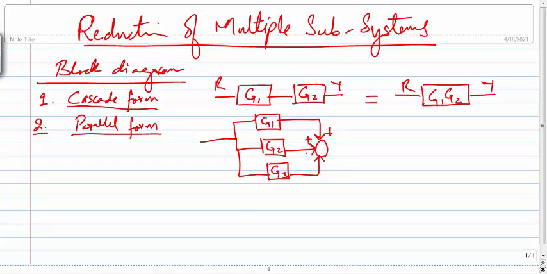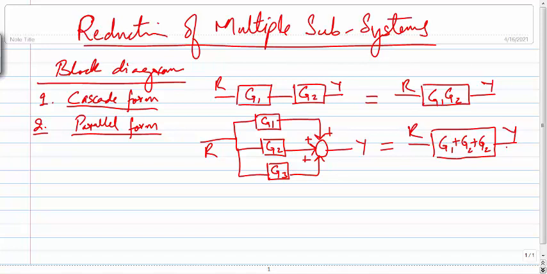So the output is the sum. This is input and this is output. So for this we can represent it by a single block by adding all the blocks, so this will reduce it into a single block.